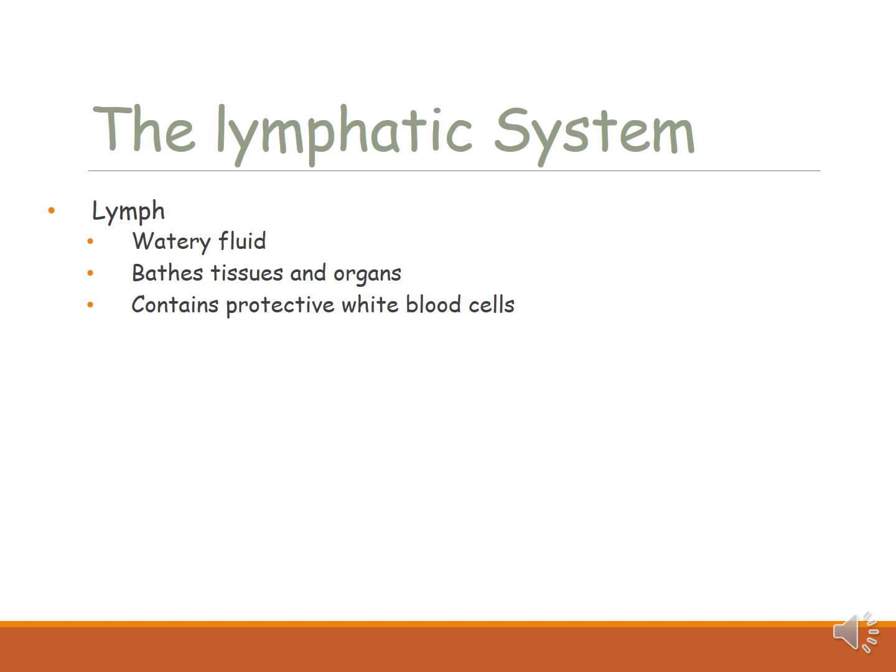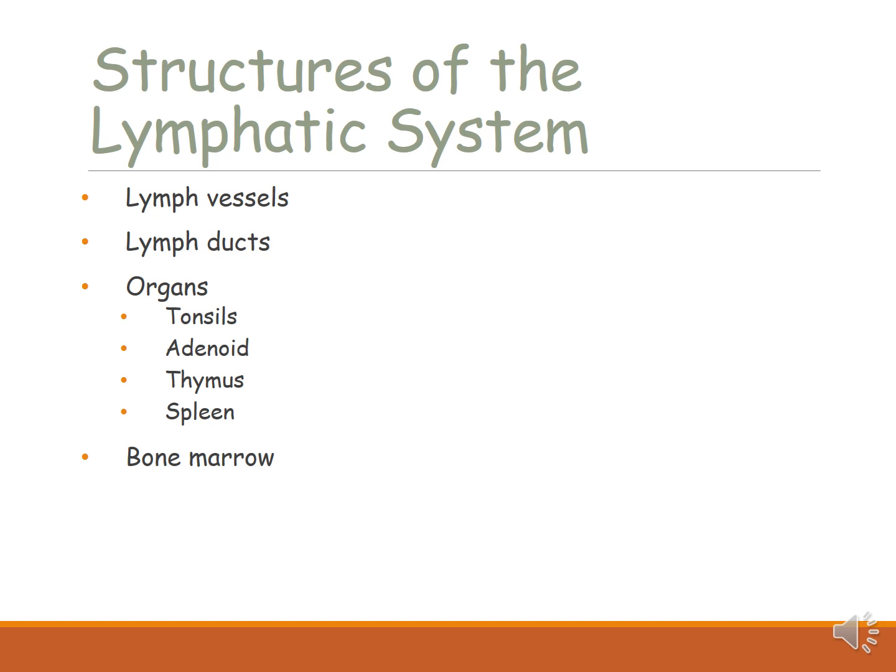Lymph is watery fluid that bathes your tissues and organs. You have lymph vessels, lymph nodes. Lymph also contains protective white blood cells. Structures of the lymphatic system consist of these lymph vessels that can pick up this excess fluid. It's then strained by your lymph nodes.